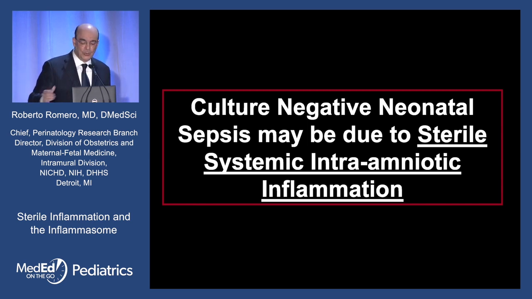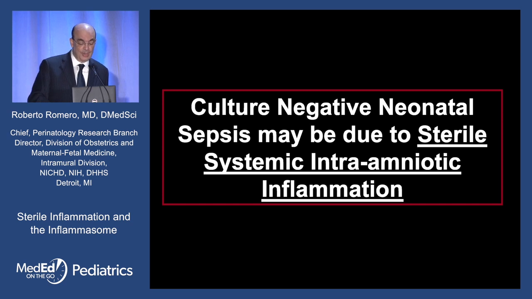Well, now we will call that sterile systemic intra-amniotic inflammation if we refer to the fetus, and I think that there is a need to coin that term for the neonate. And those neonates are often born to mothers who have sterile inflammation. They have elevated cytokines in peripheral blood, CRP, they have funisitis, but they have no evidence of infection when we look with molecular methods.